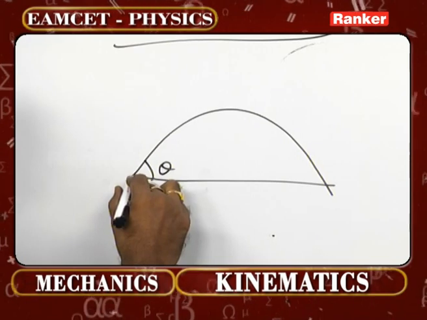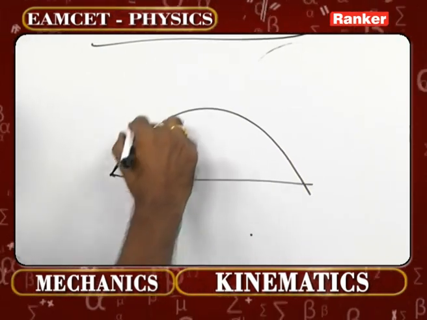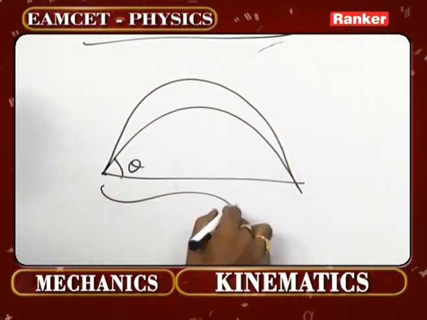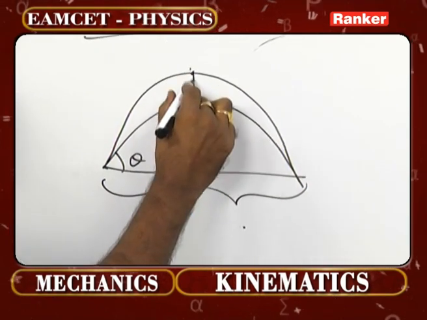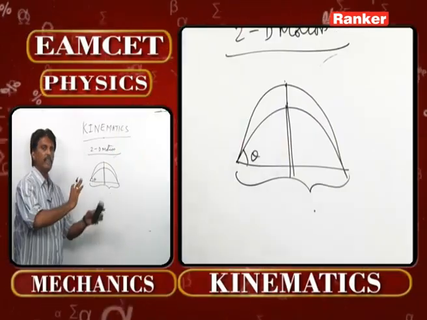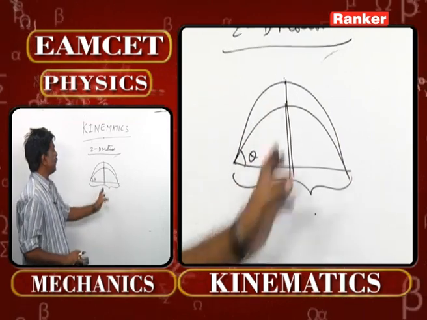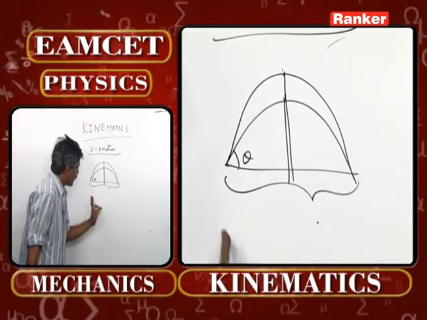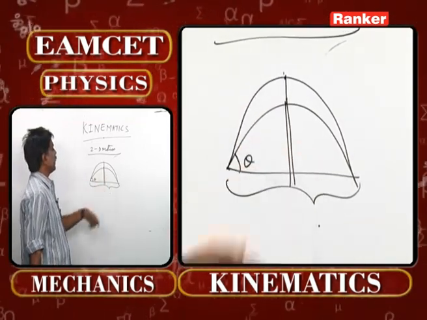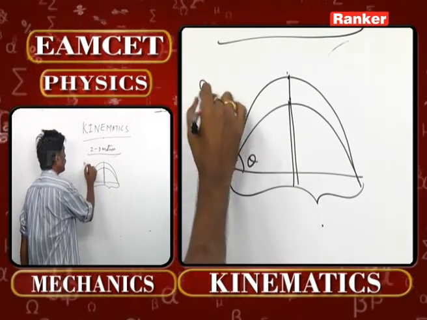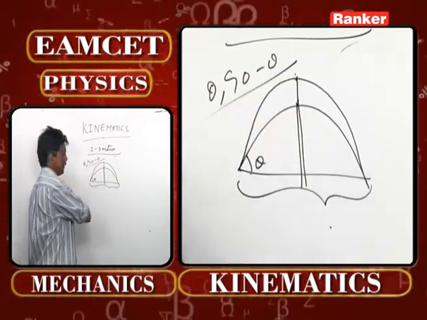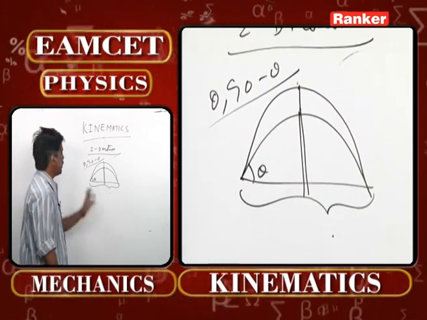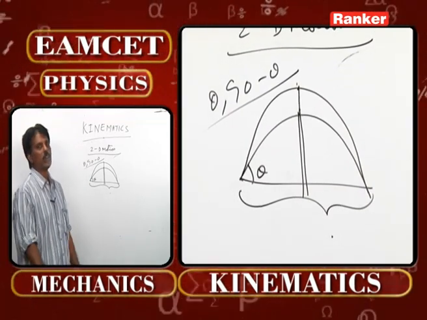If the angle of projection is 90 minus theta, it may reach like this. Range will be same, but maximum heights are not same. So, to create two different maximum heights without changing the range, you can use the complementary angles theta and 90 minus theta. Problems will be based on this concept in most of the competitive exams, which is very easy.